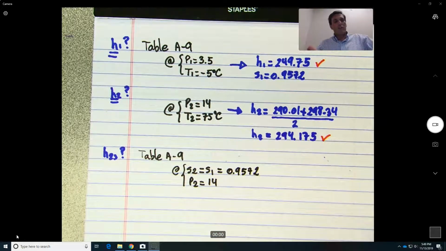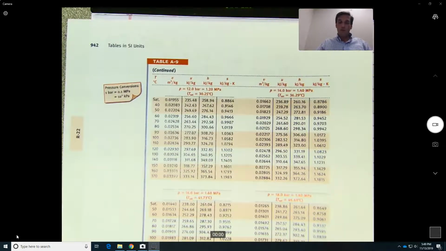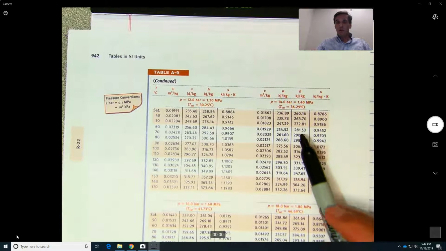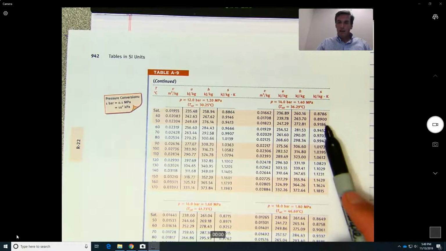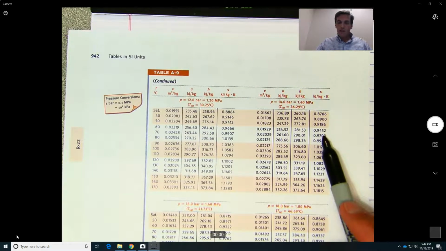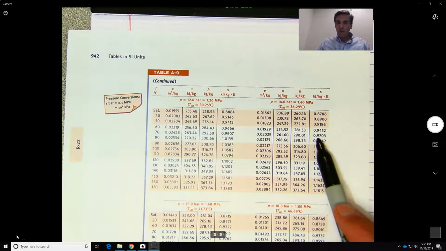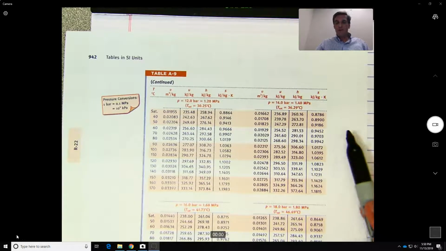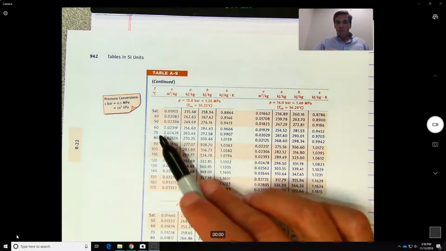So I need to go to the tables for the 14 bars and interpolate for the S2 we found. So 0.9572 will be between these two values, between 60 and 70.